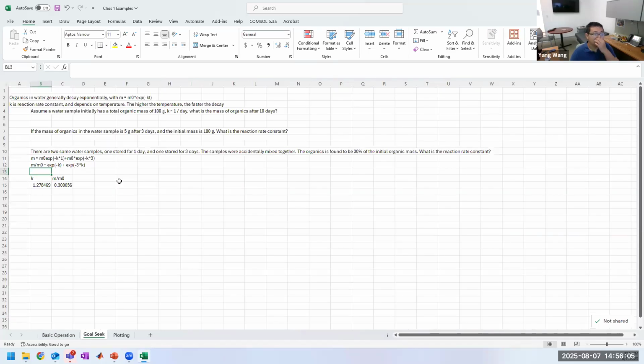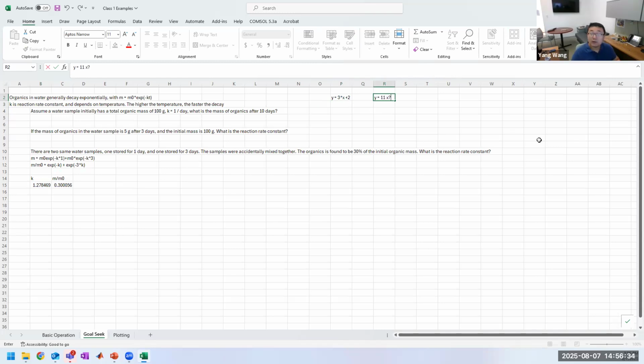This is the goal-seek. Basically, goal-seek is trying to find the value of certain functions, right? So we can start from a very simple function. For example, let's say we have a function of y equals 3 multiplied by x plus 2, okay? And then we found that y equals 11.